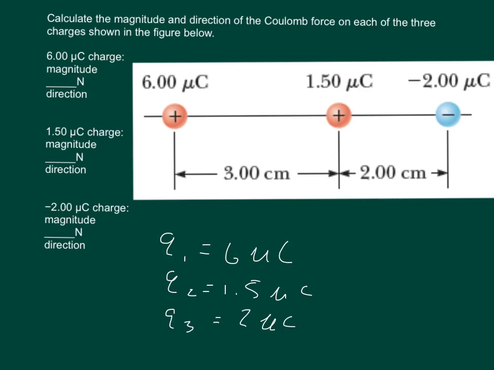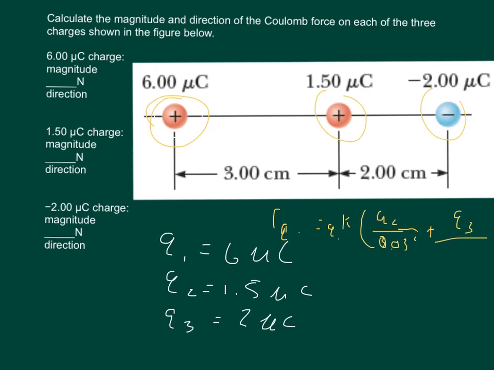So the first way is that we could take the reference charge, so we'll say the 6 microcoulomb charge. We could say, let's add up the total forces by these two, and so the total force on Q1 would equal Q1 times K times Q2 over 0.03 meters squared plus Q3 over 0.05 meters squared.